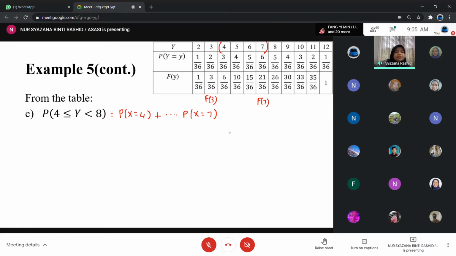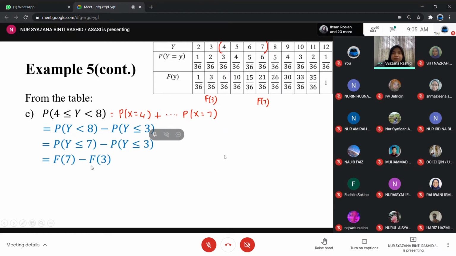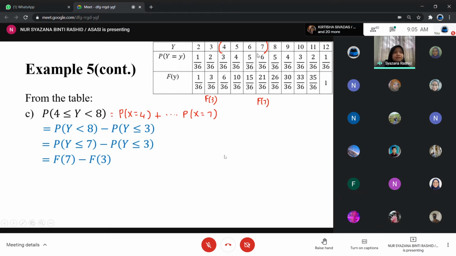So F7 minus F3. F7 minus F3. Okay, dan you dapat saja dalam kurungan ni 4, 5, 6, 7. Yang warna biru ni cara guna cumulative. Kalau yang warna merah ni, you tambah satu-satu. Okay, dan jawapan dia 18/36.